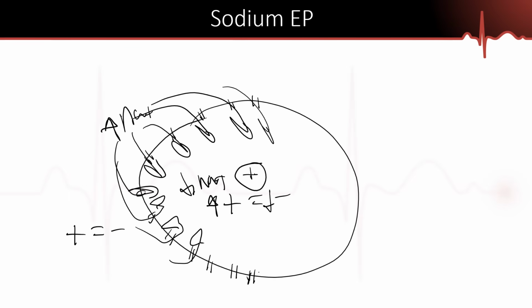And what's going to happen to the outside of the cell? Well, the outside of the cell is losing positively charged ions, right, the extracellular fluid, because the sodium ions are coming into the intracellular fluid.